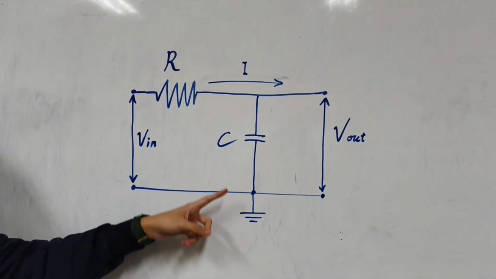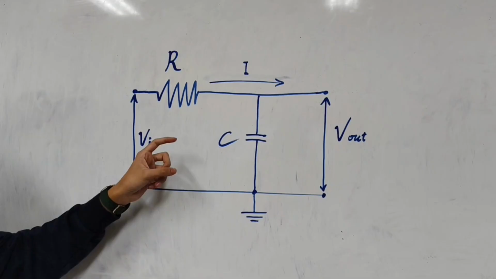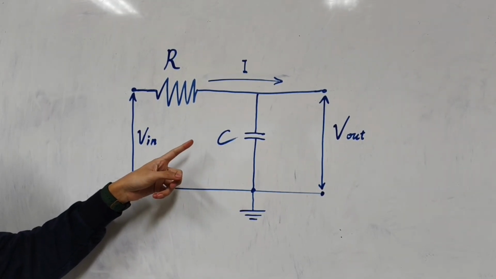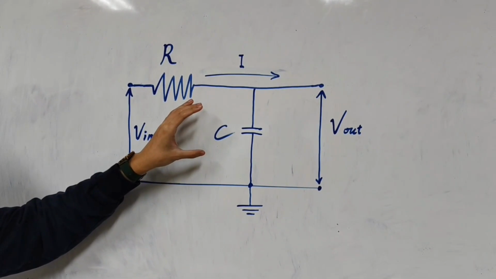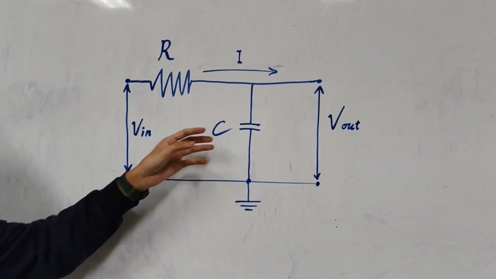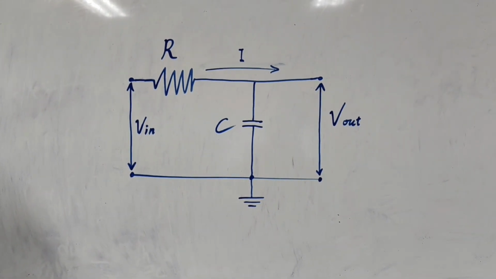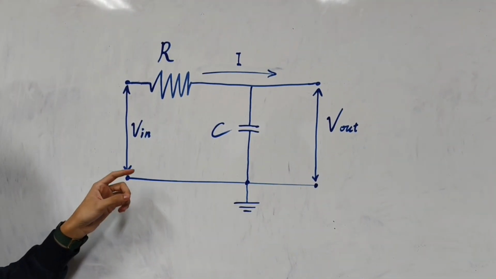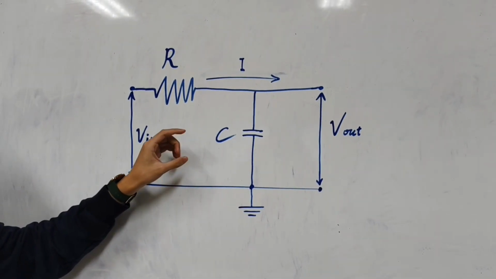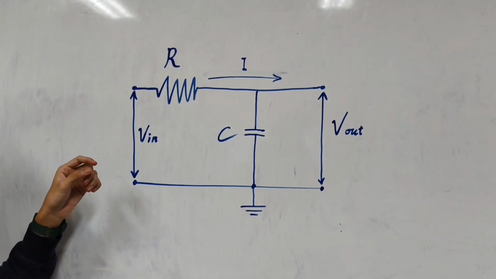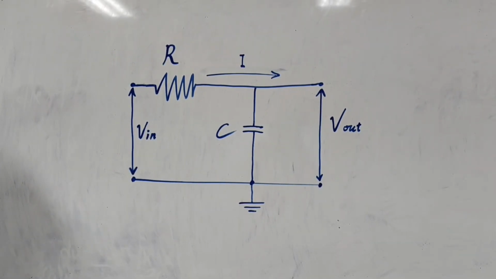In a typical low-pass configuration, the output is taken across a capacitor. At low frequencies, the capacitive reactance is large, so the capacitor behaves almost like an open circuit. As a result, most of the input signal appears at the output. At high frequencies, however, the capacitive reactance becomes very small, so the capacitor provides an easy path for the signal to ground, significantly reducing the output voltage.